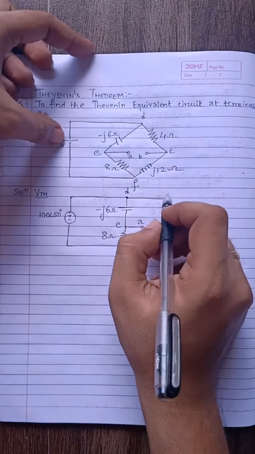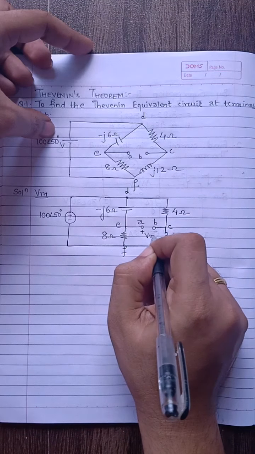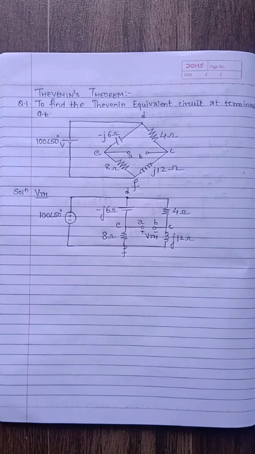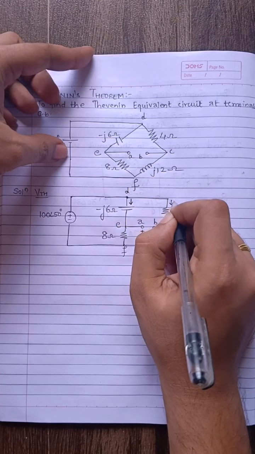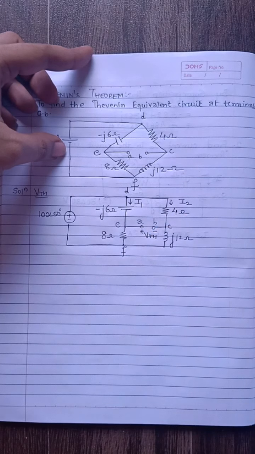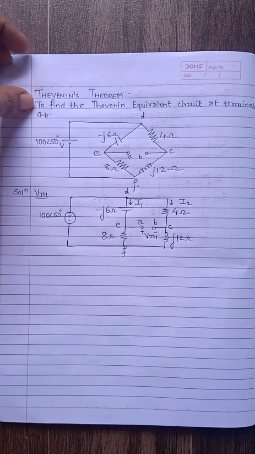Now VTH is between these 2 points. So for finding VTH, we need to find the current in both the branches. Say I am assuming this as I1, this as I2.